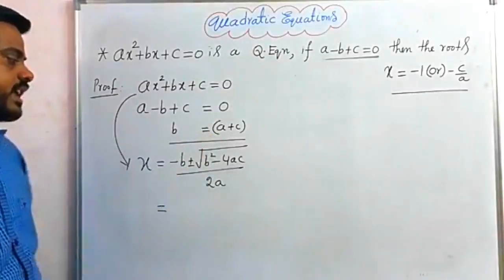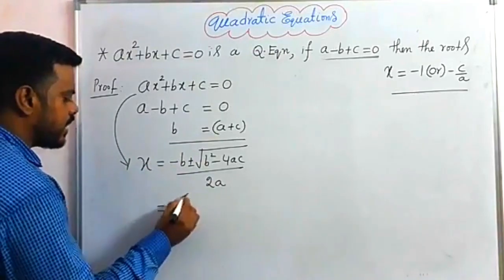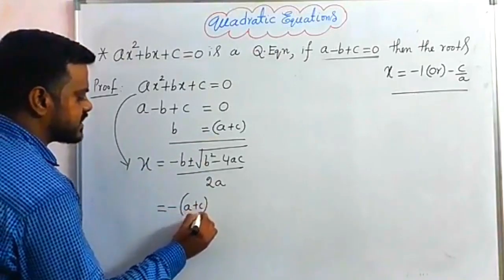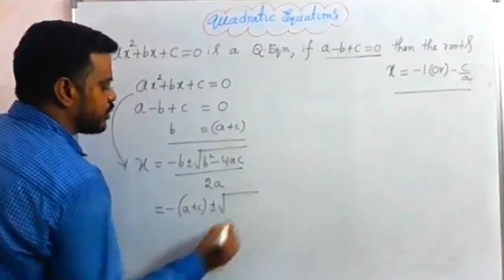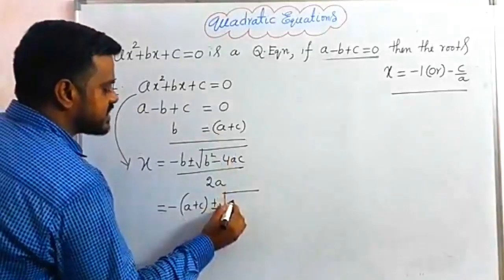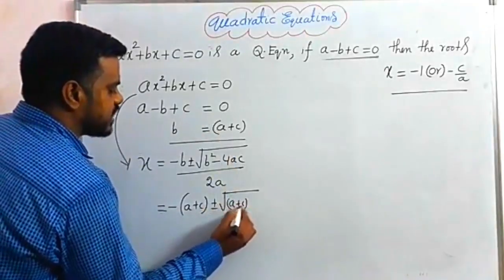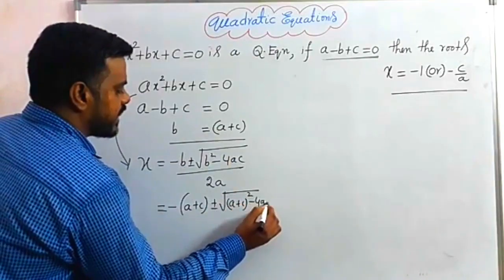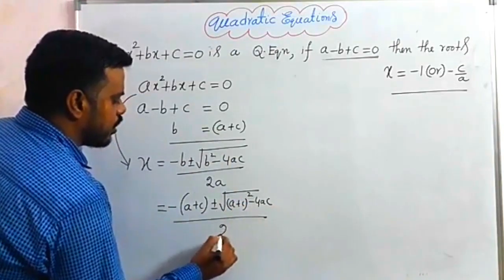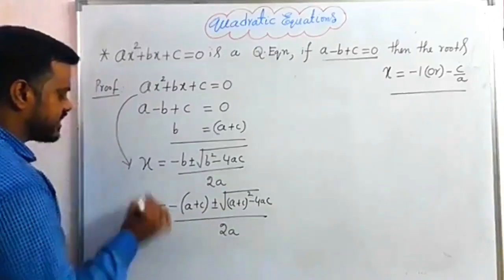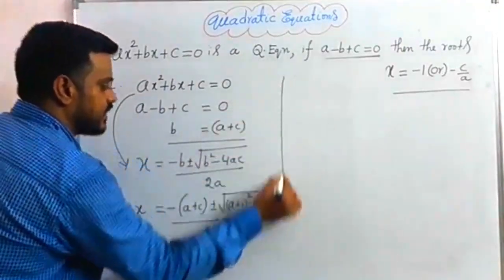Here in the place of b you substitute a plus c, then it will be minus of a plus c plus or minus root over b square, which is nothing but a plus c whole square minus 4ac, whole by 2a. This is equal to x.